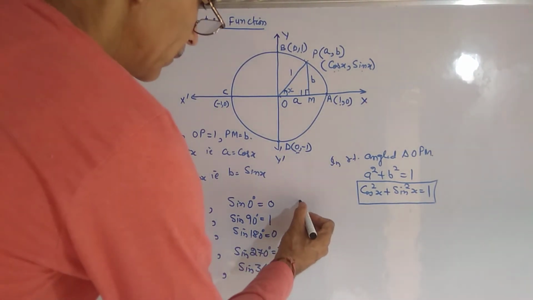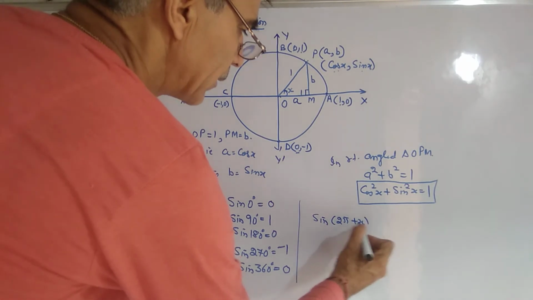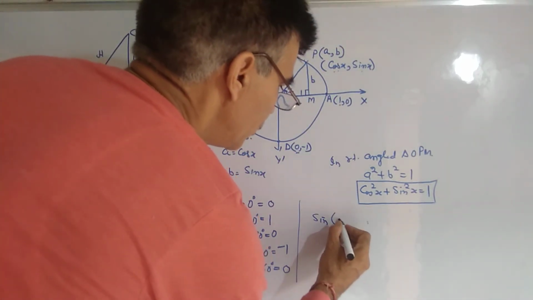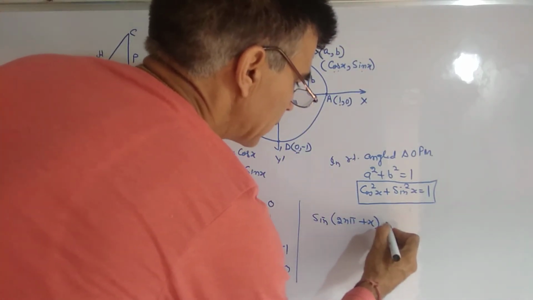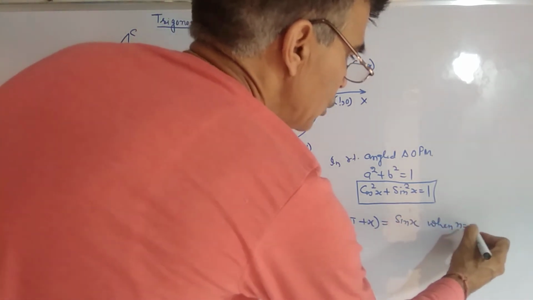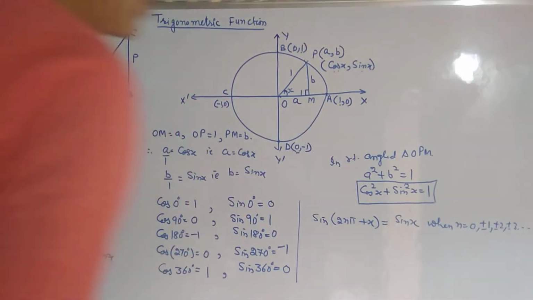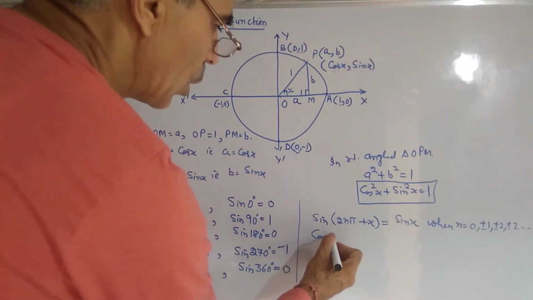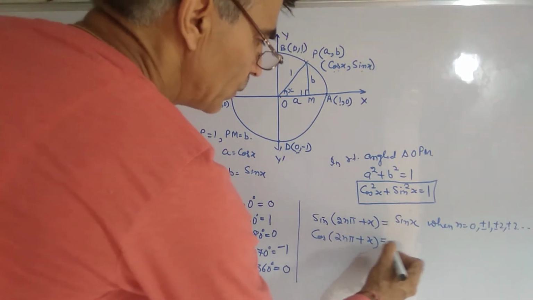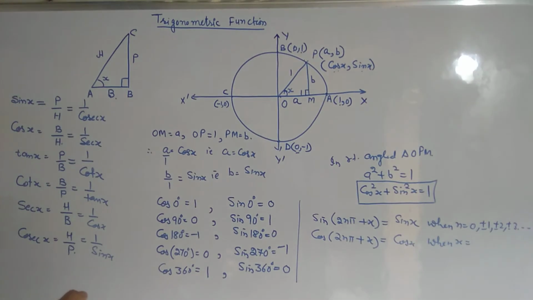Therefore, we can write sin(2nπ + x) is equal to sin x, where n is equal to 0, ±1, ±2, ±3, and so on. n is some integer, and cos(2nπ + x) is also cos x.